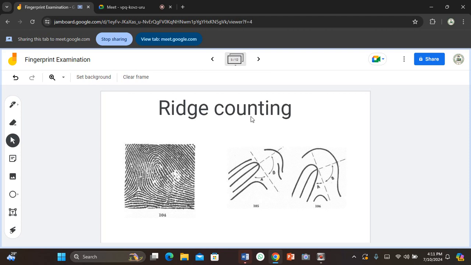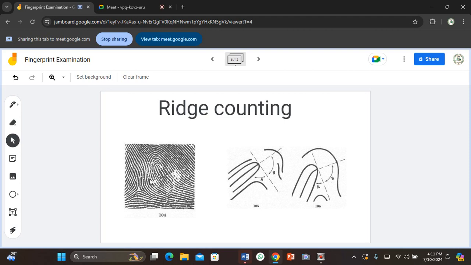Ridge counting is using the ridges or the lines between the data and the core. When you make a straight line between the data and the core, the ridges that fall between them is known as ridge counting. That is, we want to know the number of ridges that exist between the data and the core.